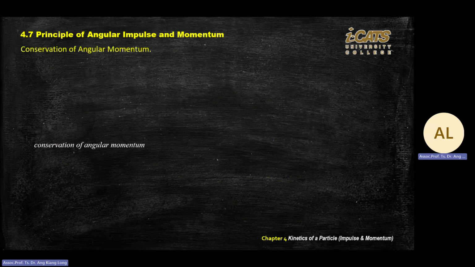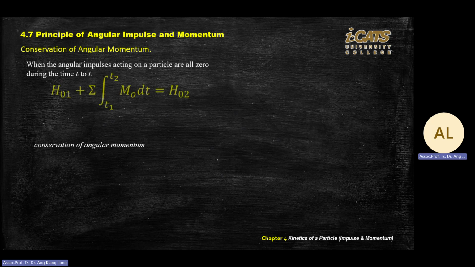Every time you have a principle of something, you have conservation of something. For conservation, we always take away the impulse. We're not interested in impulse when you have conservation of momentum, which means momentum before equals momentum after. Then you have H1 equal to H2, or R cross mv1 equal to R cross mv2.